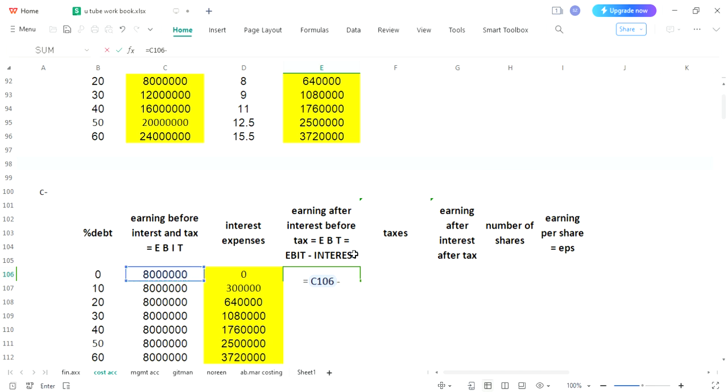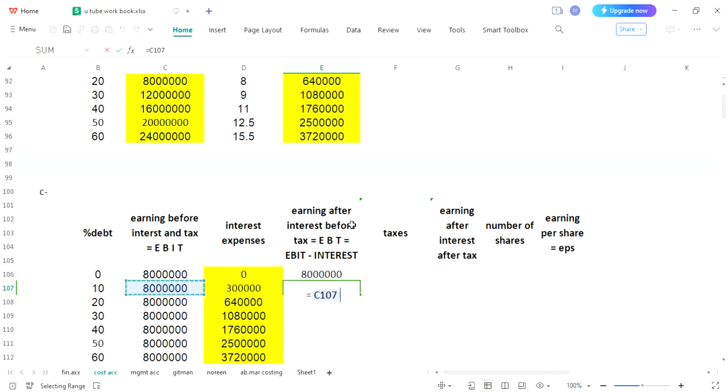Just subtract this amount of interest. Since the first amount was 0, we'll have the same amount. This is earning after interest before tax. So the first earning is your 8 million, and then let's calculate the second.